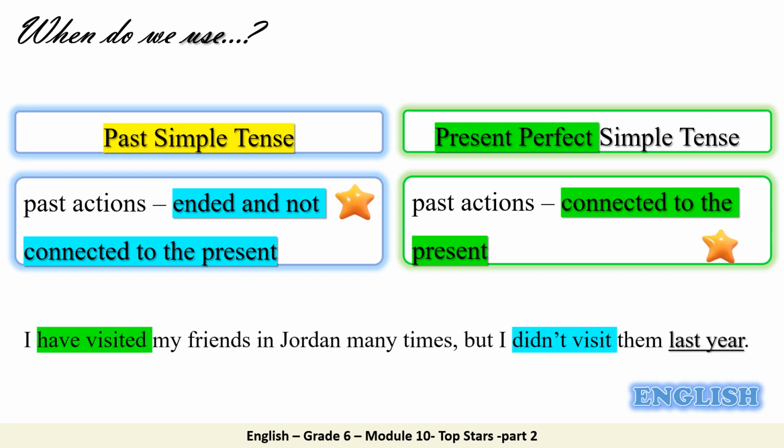For example, I have visited my friends in Jordan many times, but I didn't visit them last year. So here, I have visited my friends, this is connected to the present, many times. I didn't visit them last year is not connected to the present.